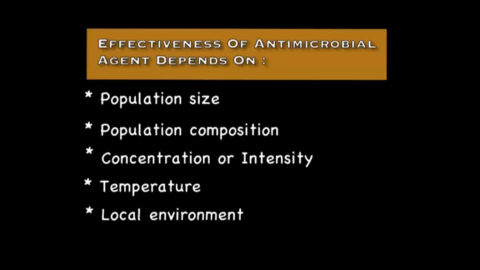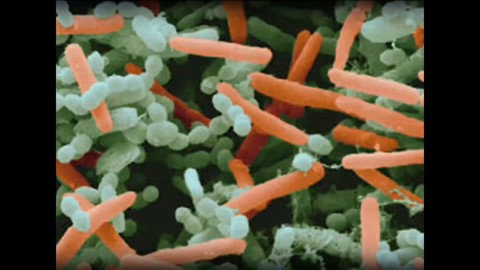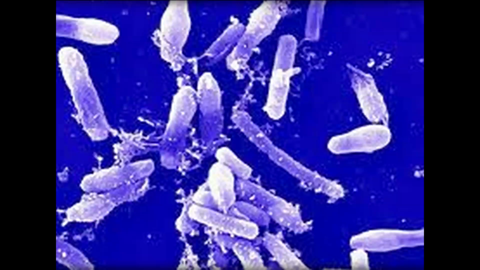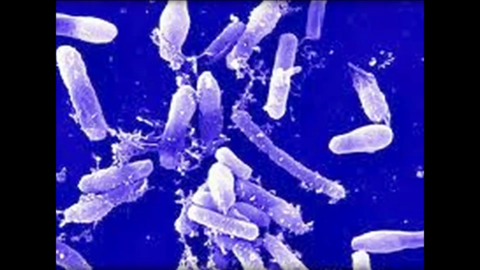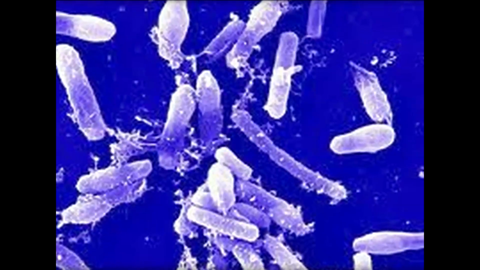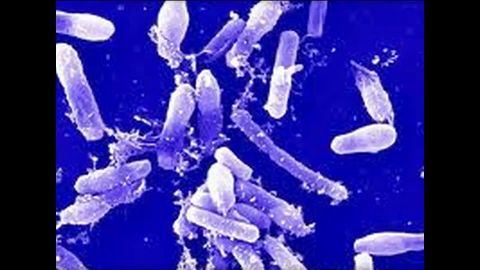Say for example, you want to kill a microbe which is residing in an environment that is favorable for its existence. Then you might need some excessively harsh methods to combat that pathogen. Or in other words, if the bacteria or the pathogen is residing in an unfavorable condition, then the antimicrobial agent needed to combat the pathogen will be mild enough to kill it.